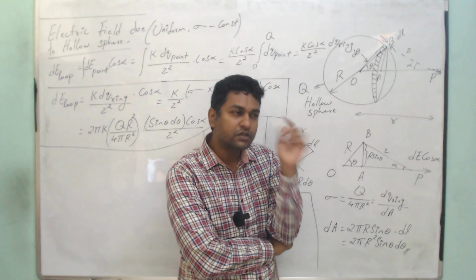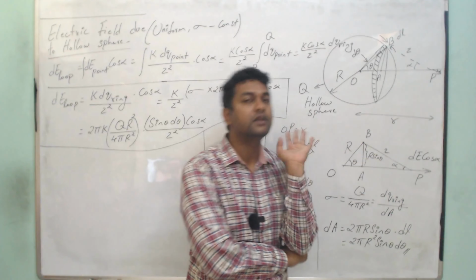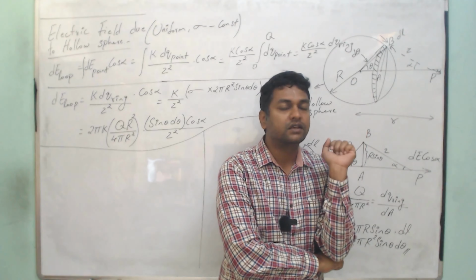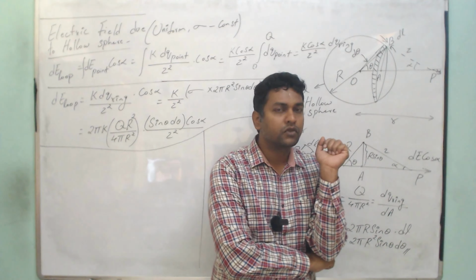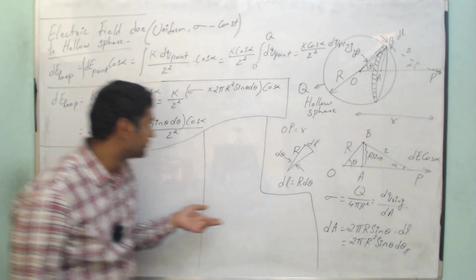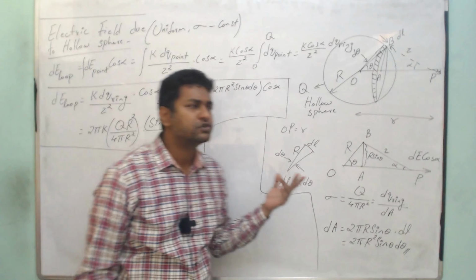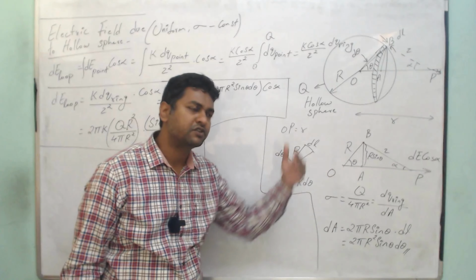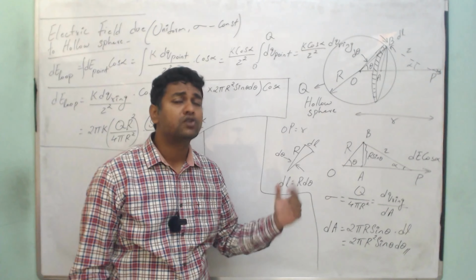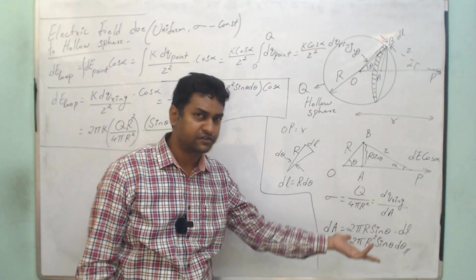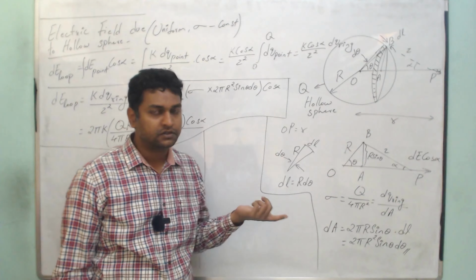Somewhere I am losing my school geometry, and that's how I will start thinking. So if I want sine theta d theta, I know that whenever I substitute, I will differentiate. So I have to tend myself towards cos theta, because if I differentiate cos theta, I'll get sine theta d theta.